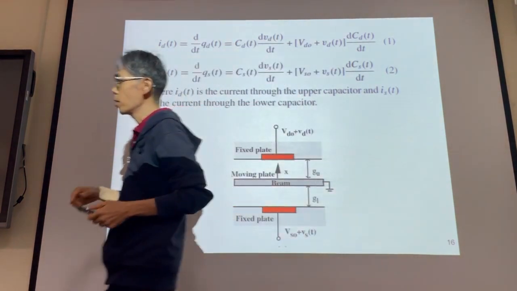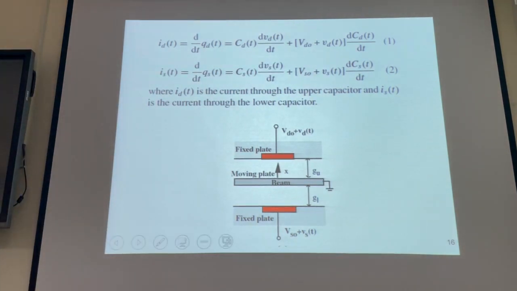So if Q equals C times V, then we can do one thing. QD equals CD, the capacitance, times V. This is ground, and V is VDO plus VD. So dq/dt has two items.